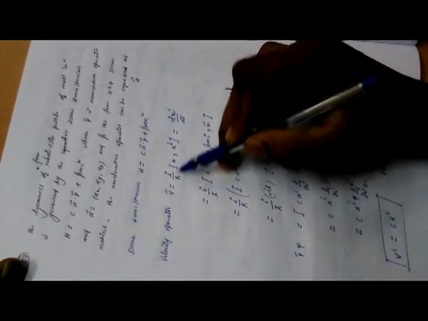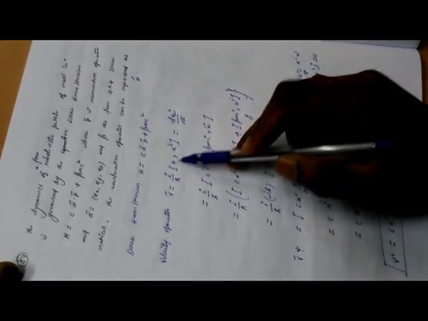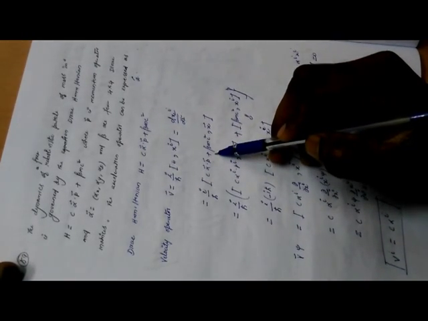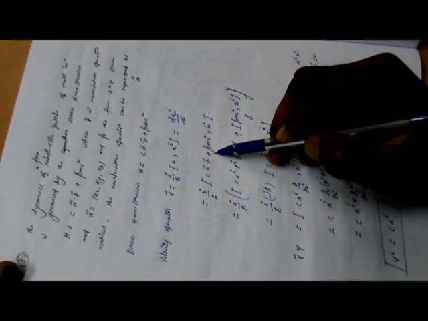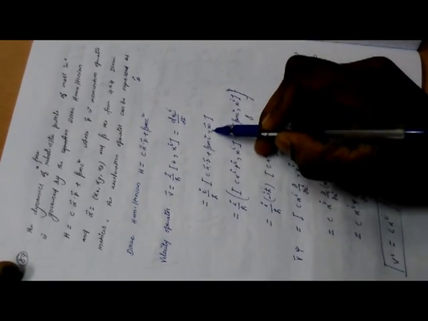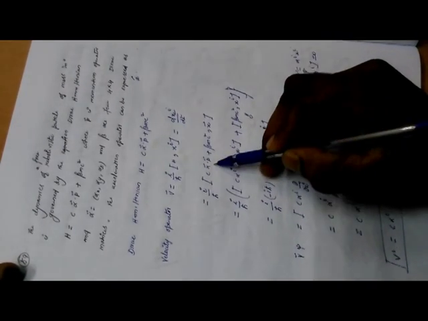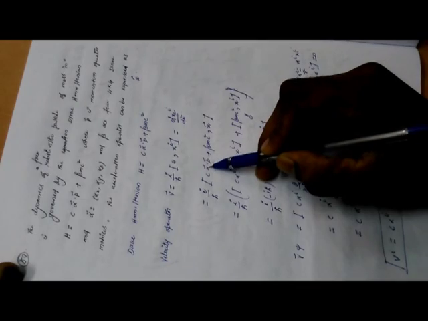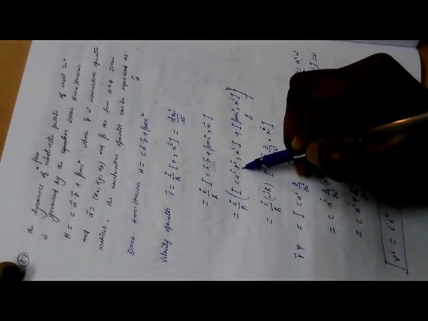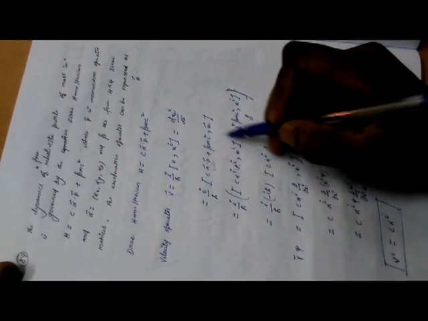dx by dt is nothing but velocity. Just substitute the Dirac Hamiltonian here: c alpha dot p plus beta m c squared, comma x. Use the commutation rule: c alpha i dot p i, I am writing that in terms of Einstein notation, alpha i p i comma x i.